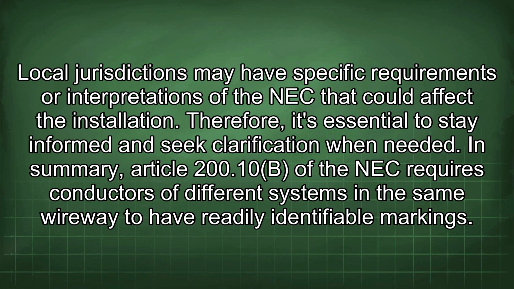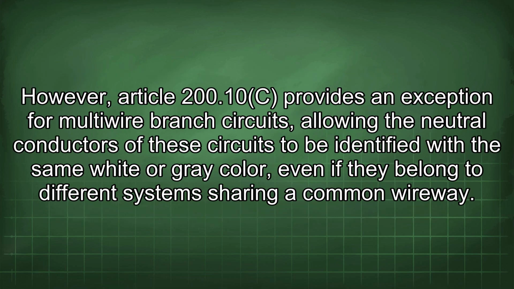In summary, Article 200.10b of the NEC requires conductors of different systems in the same wireway to have readily identifiable markings. However, Article 200.10c provides an exception for multiwire branch circuits, allowing the neutral conductors of these circuits to be identified with the same white or grey color, even if they belong to different systems sharing a common wireway.